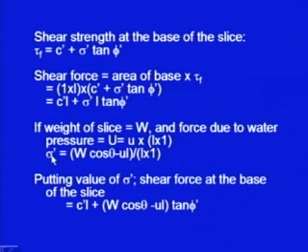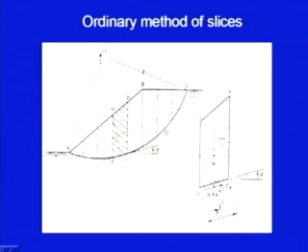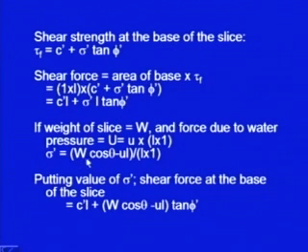So, sigma dash will be equal to, if now the weight W is acting in vertical direction, take its component which is perpendicular to the sliding surface. So, that is W cos theta minus the pore water pressure, and this is the normal force, the component of the force which is acting normal to the failure plane, divided by area, that gives you sigma dash.